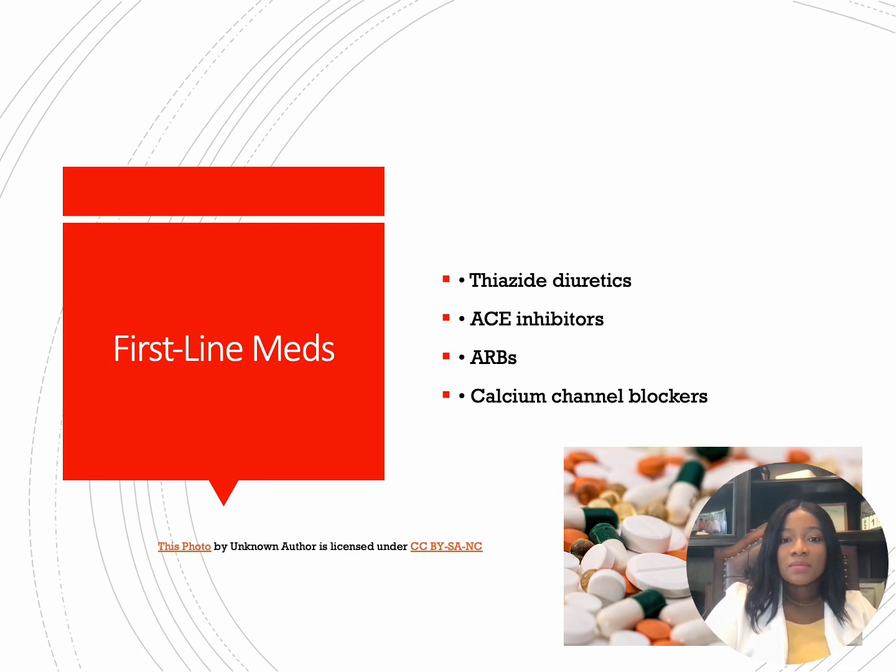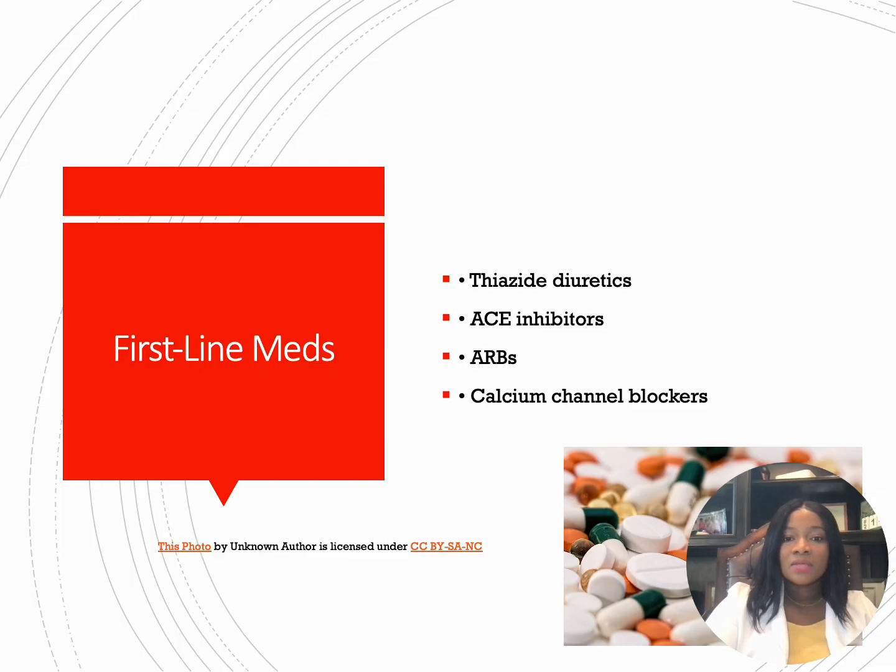Now let's talk about the medications for hypertension. The first line medications tested on the exams include thiazide diuretics, ACE inhibitors, ARBs, and calcium channel blockers. I will be posting more videos about the medications, what you need to know, the side effects.